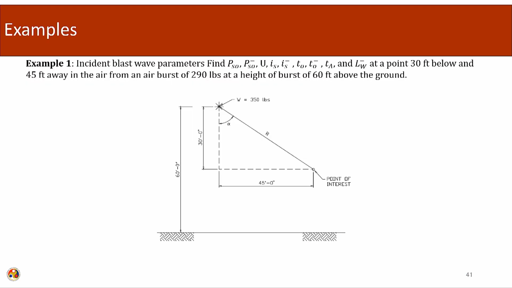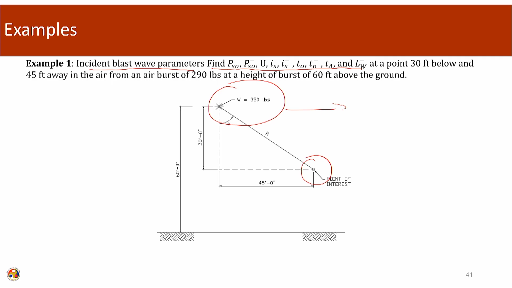So let us try to do one example. In this question, what is given is the incident blast wave parameters. Depending upon this configuration, we have to find the different blast parameters. This is my point of interest, and this is the occurrence of my blast loading.